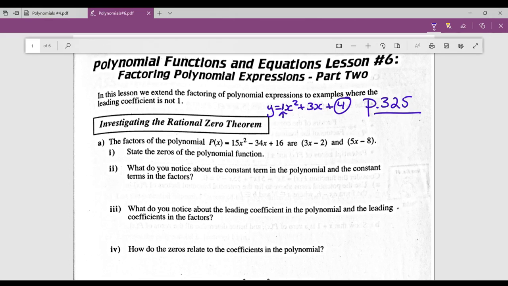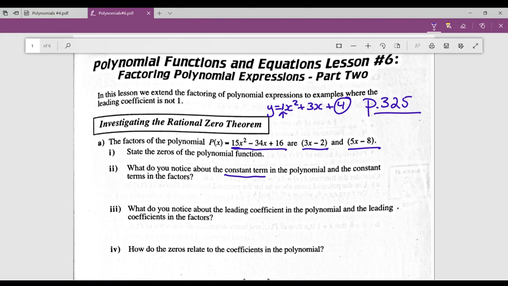However, in this lesson, we're going to look at things where the leading coefficient is not 1, 15 in this case, so things get a little trickier. So if you factor this quadratic, you get these two things, 3x minus 2 and 5x minus 8.